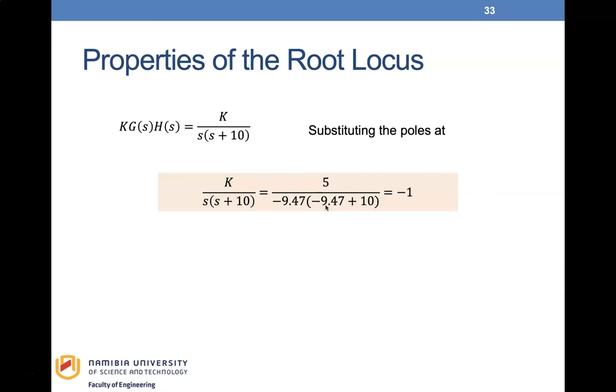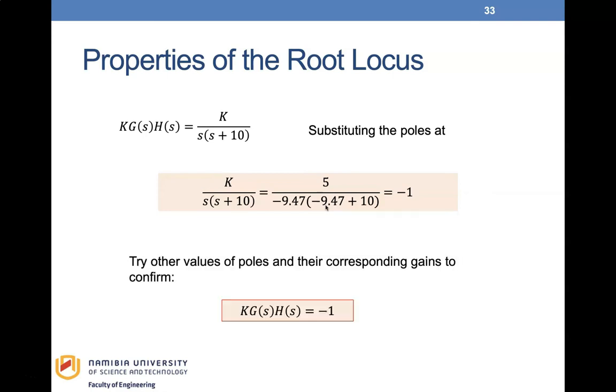Substituting the pole at -9.47 for s and 5 for K yields -1. You can try solving for the other values of poles and their corresponding gains to confirm that you will always get the open loop transfer function multiplied by the gain equal to -1.